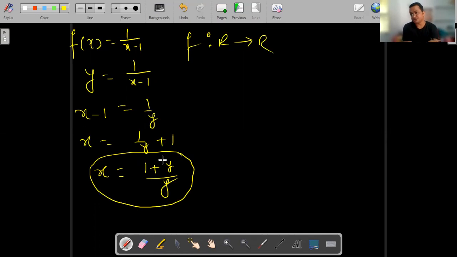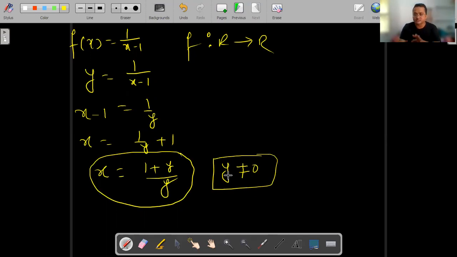Now you have to check whether x is defined for all the values of y or not. If it is defined, you can say this is an onto function. If it is not defined, then you cannot say. If you put y = 0, then the function becomes undefined, so x is not defined for all the real values.